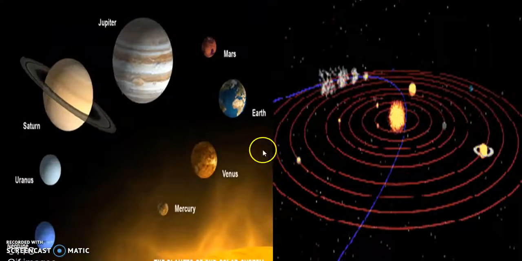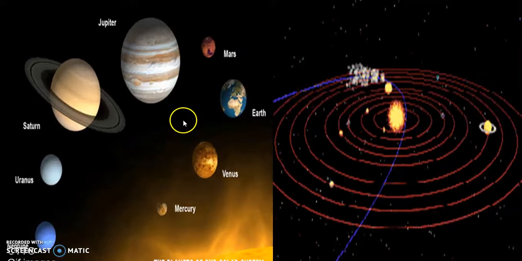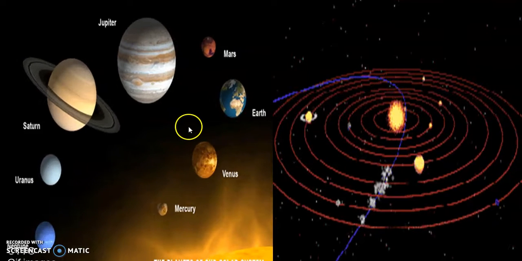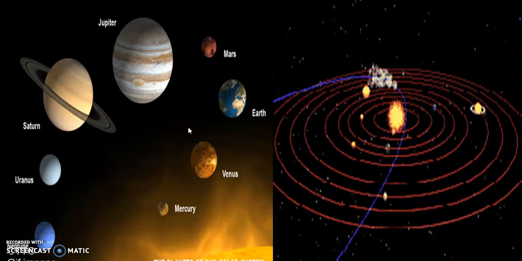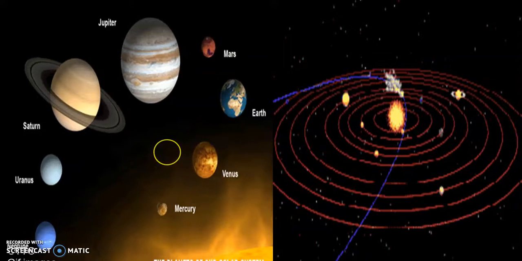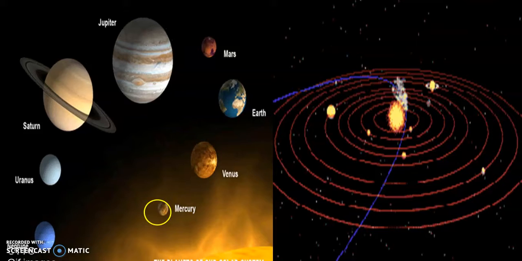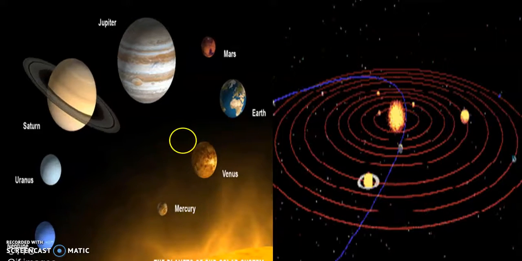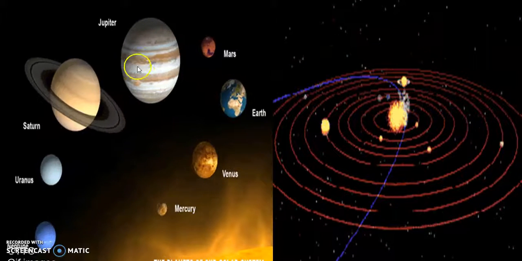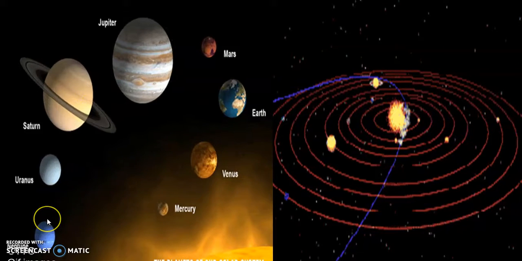Now, look at these two images. The first image, what does it tell us? Great. The first image tells us the 8 planets that we have in the solar system, namely Mercury, Venus, Earth, Mars, Jupiter, Saturn, Uranus, and Neptune.